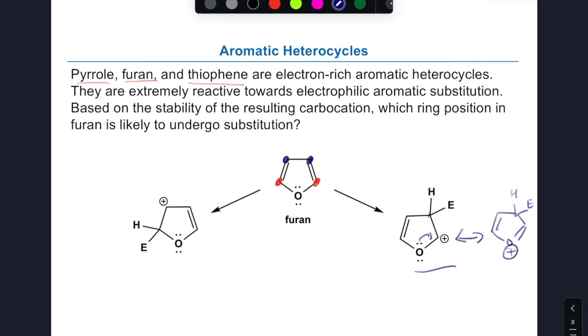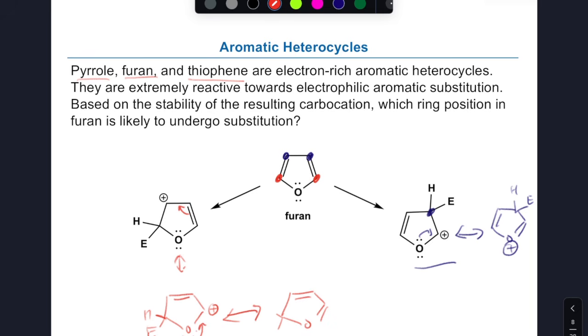So I can get this geometry. So as a result, attacking at the red carbon produces a resonance stabilized carbocation that's spread out over 3 atoms rather than only 2. So red would be preferred. This will be the preferred addition site just because of a more stable carbocation intermediate. So it's really following the same kind of procedures we talked about for our ortho-para direction.